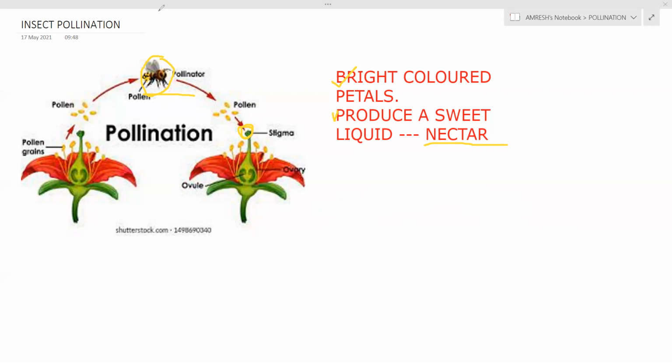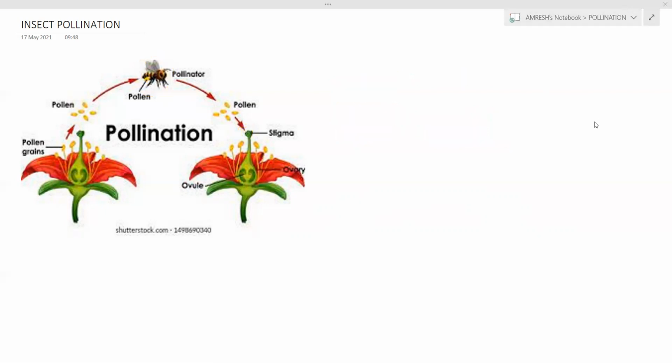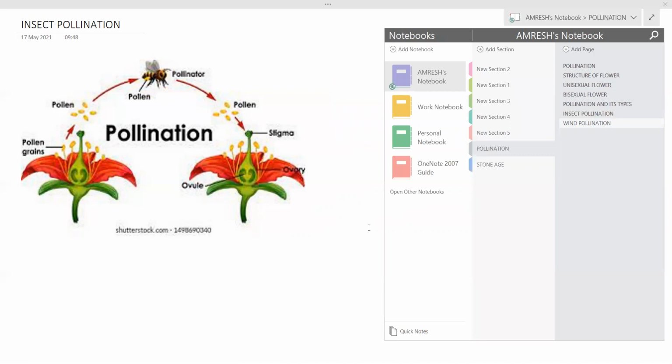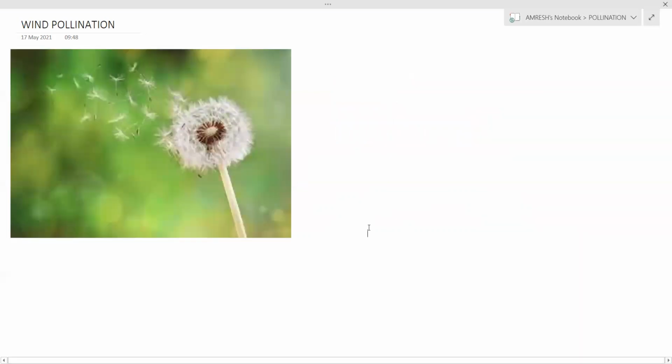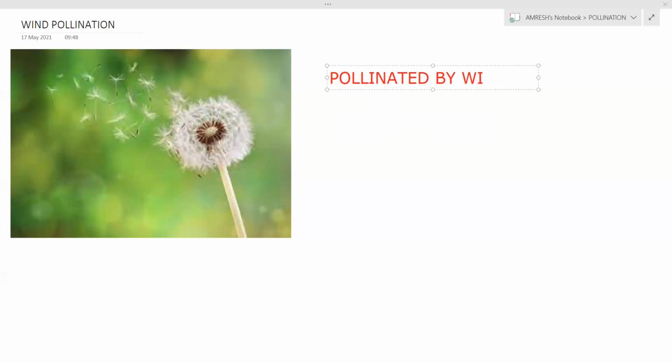Now the last concept is wind pollination, meaning pollination by the wind. Wind is the agent.